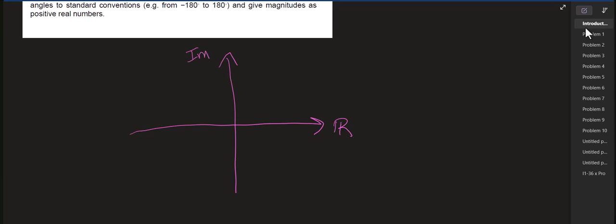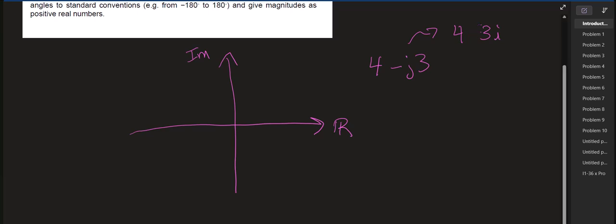And so if I have a number like 4 minus J3, well, in high school or in a math class, you would write that as 4 plus 3i, or 4 minus 3i. The i is the imaginary unit, and that's what your calculator has on it. Engineers use J because I is for current. And so 4 minus J3, I've never really understood why they put the J before the number, but they do.